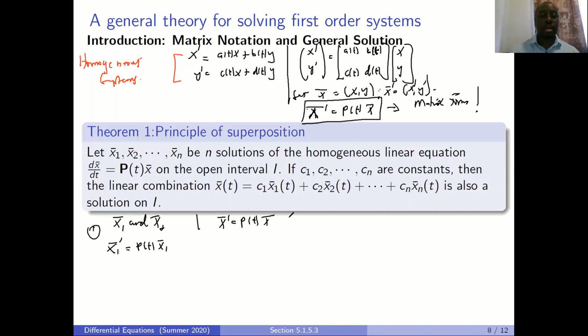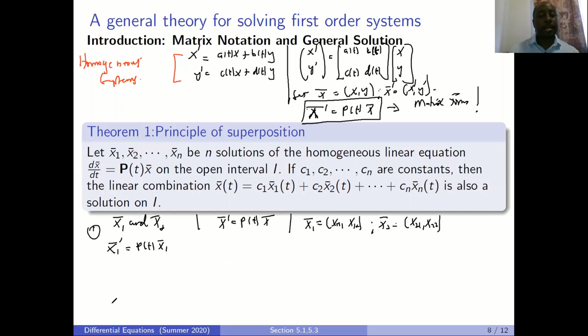Just for the notation to be clear, x bar 1 is (x11, x12), and x bar 2 is (x21, x22). So each of these solutions is actually a vector. Keep that in mind: a vector of two solutions has two solution components.